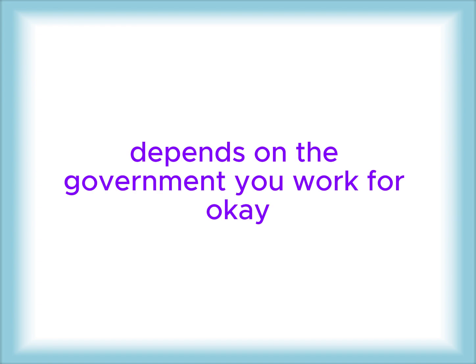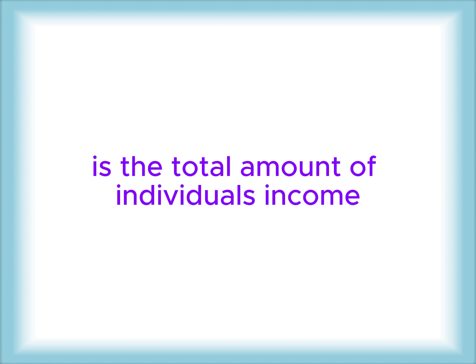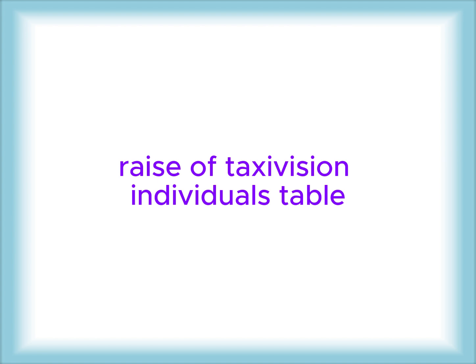Now, when calculating gross income, it is the total amount of an individual's income before the deductions. We already covered that. Now we talk about the tax rebates, like the rates of tax for individuals table.